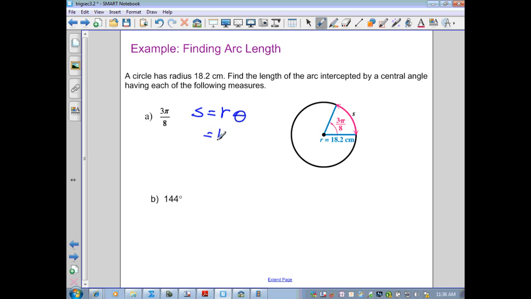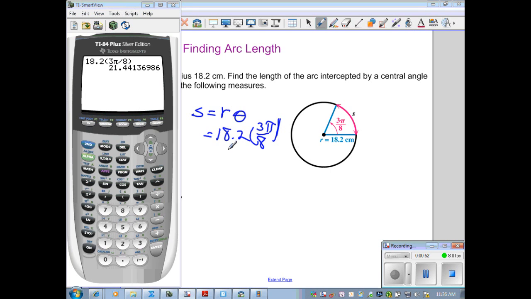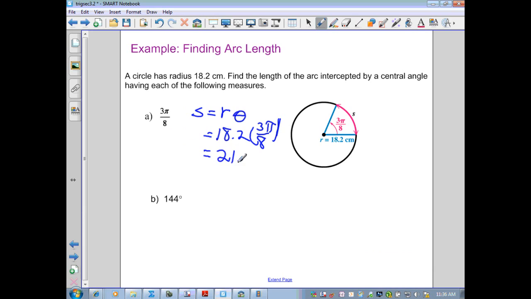Here, r is 18.2, and my radian for theta is 3 pi over 8. I substitute this expression into my calculator, and I get a value for the arc length to be 21.4 centimeters.